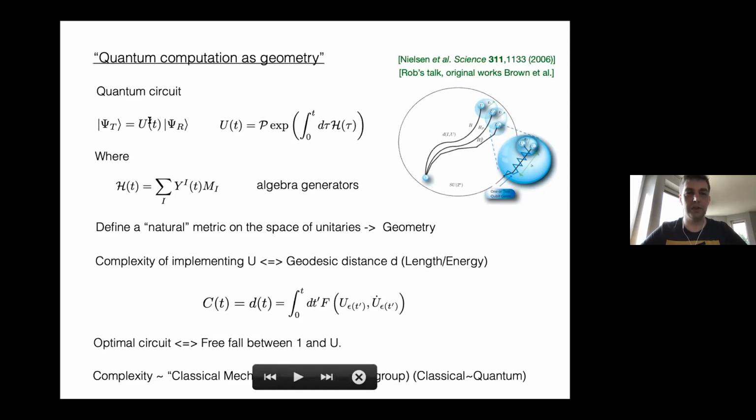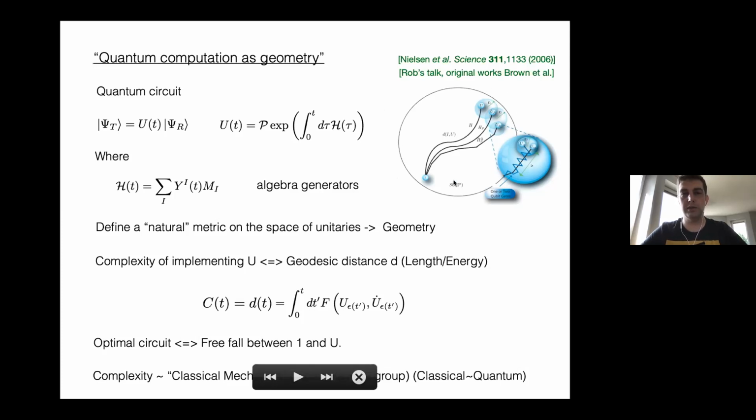And this quantum circuit is defined by a unitary, that is a path ordered exponential of some local Hamiltonian H(t), or local in time Hamiltonian H(t). And then we can expand this H(t) in terms of some algebra of generators. So these are these M_I's, as maybe you remember from our talks. And the set of these unitaries defines a geometry.